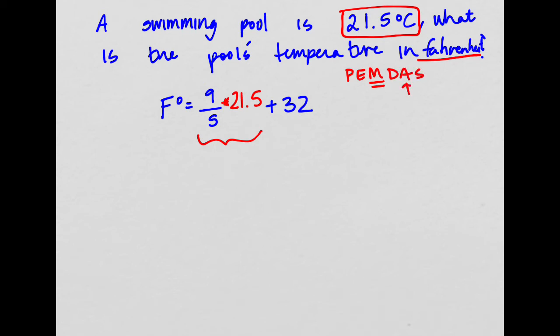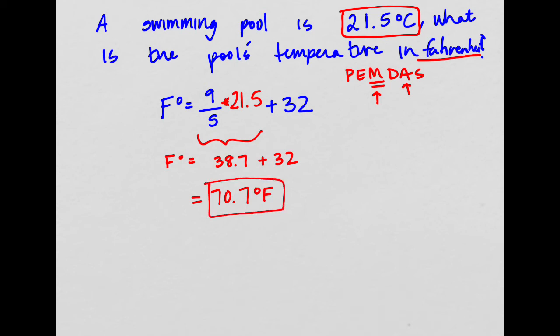So we do multiplication first. And we get 38.7, and now we do our addition part: 38.7 plus 32. So our final answer is 70.7 degrees Fahrenheit.